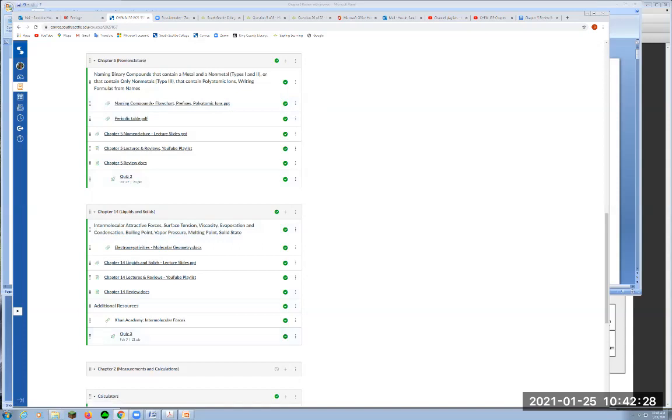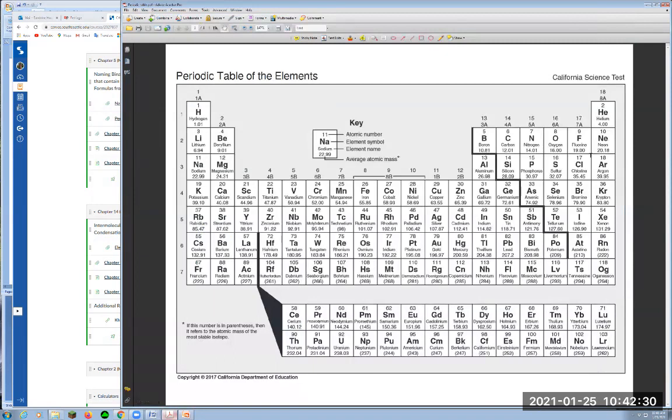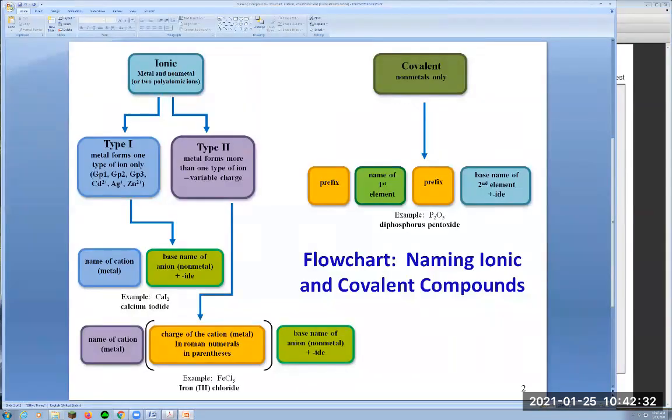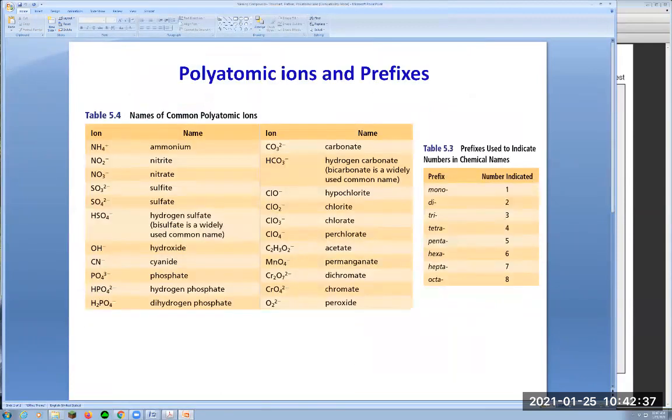So of course the periodic table, and then the other document is this. The first page shows you the list of polyatomic ions. When you're looking for a polyatomic ion, go to that list. Some of them need to be learned by heart, and we'll talk about that later in the review.